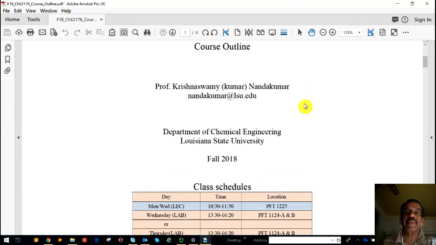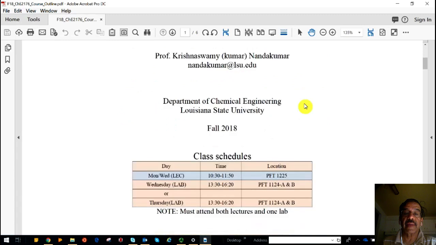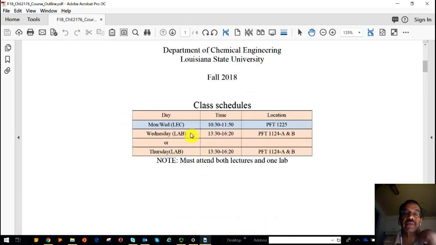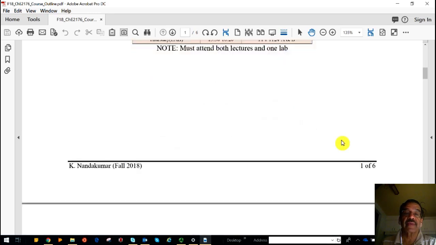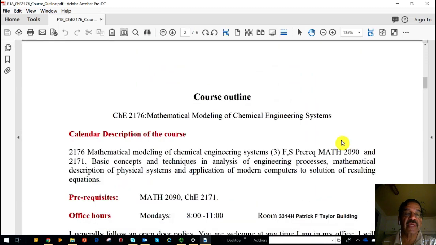And so the class schedule, Monday and Wednesday, 10:30 to 11:50, and the lab is either Wednesday or Thursday, 1:30 to 4:20. The labs will be in PFT 1124A and B. These are the computer labs for chemical engineering, and the lectures will be in PFT 1225. You already know all these things because you are here.